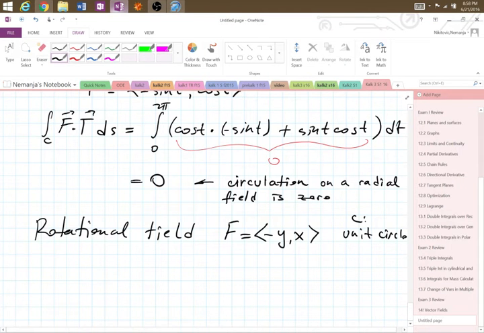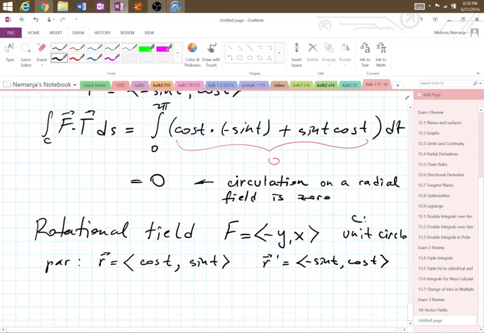So we have the same parametrization. R is given as cosine t, sine t. It should have R in front, but R is 1, so we omit that. Same R prime, negative sine t, cosine t.